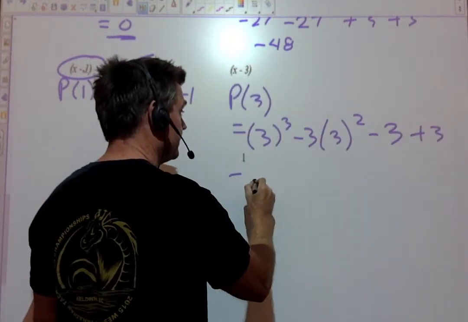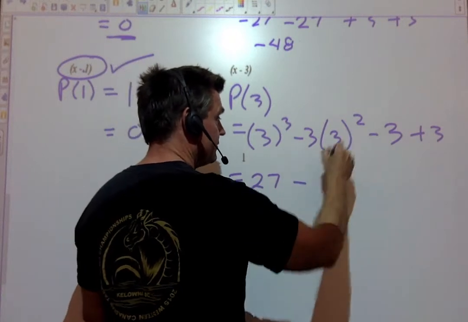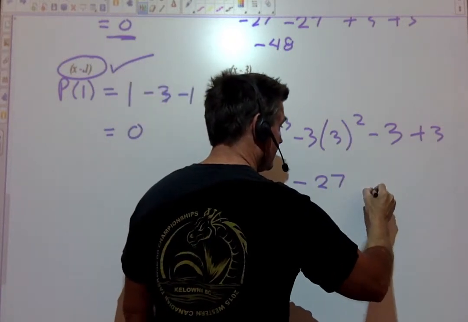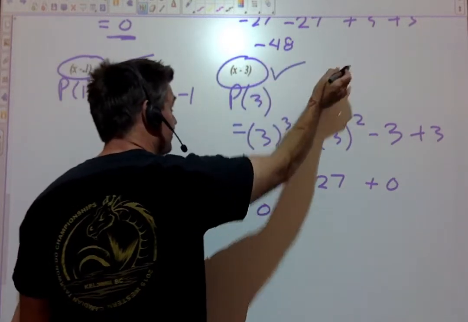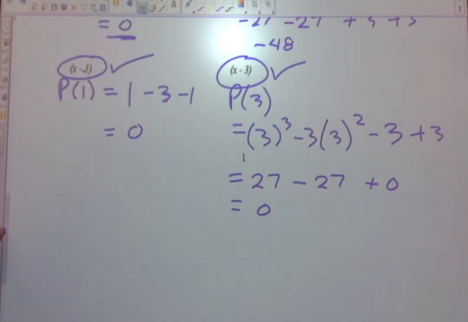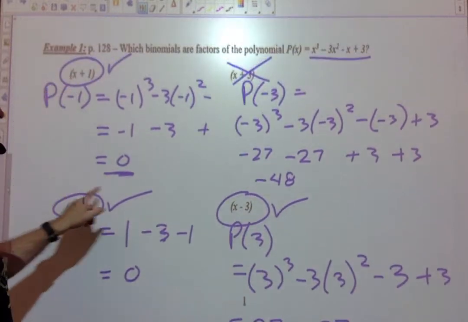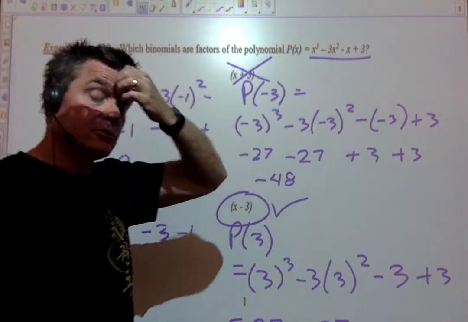So look what we get. We get 27 minus 27 plus 0. This is equal to 0. Yes, this one is a factor. Ta-da! Okay, so I found these 3 factors are the factors of this polynomial.